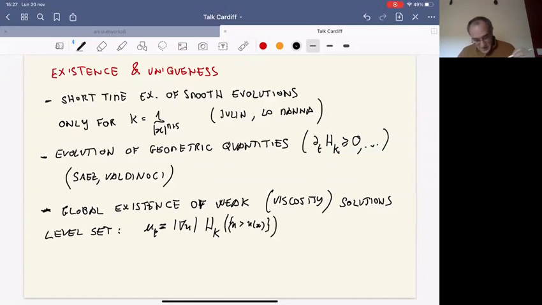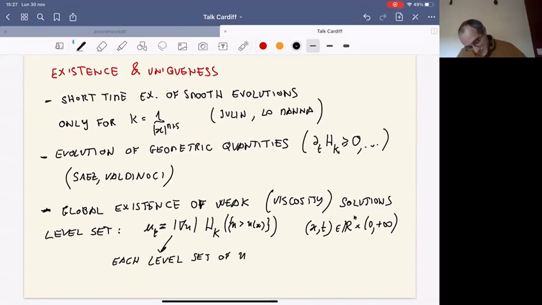That's a set, and this is required for x in R^n times (0, +infinity). Okay, this means that each level set of u evolves by velocity equal to H_K. So that's my equation.